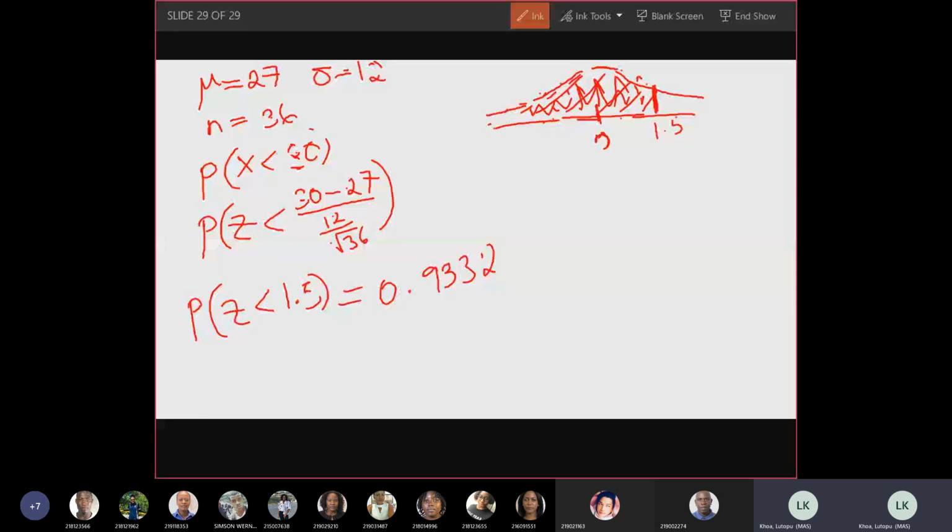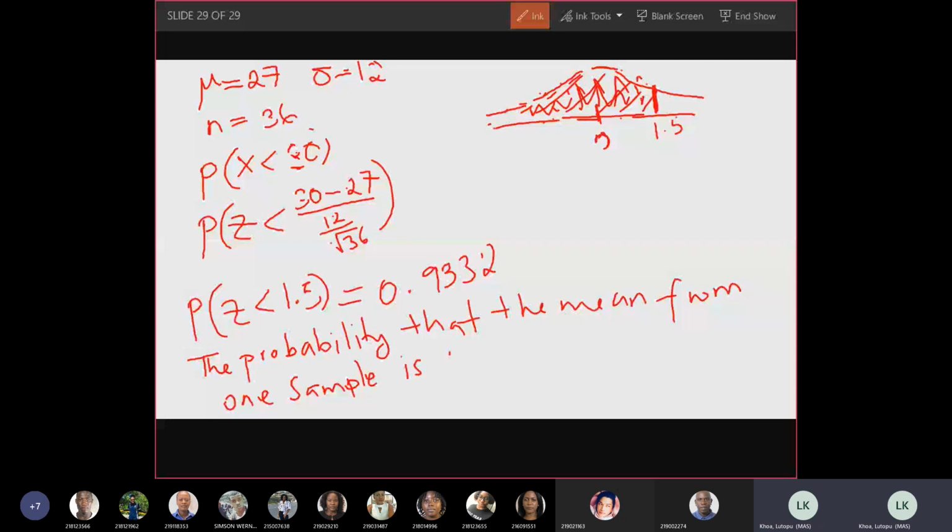So you would say the probability that the mean age from one sample is less than 30 years old is 93.32%.